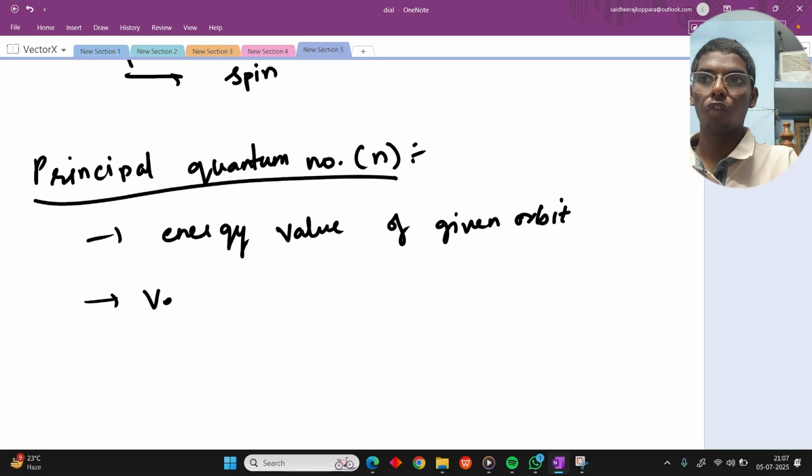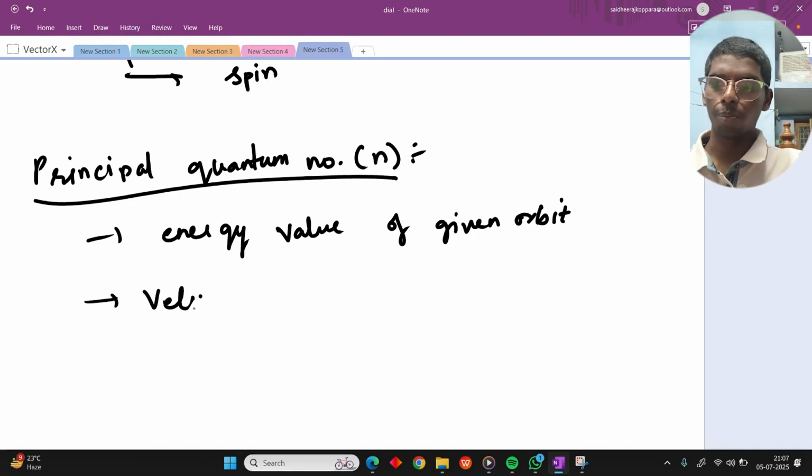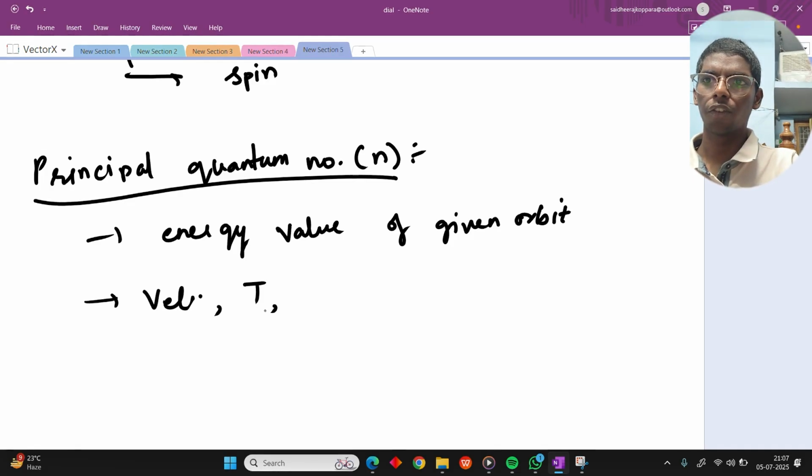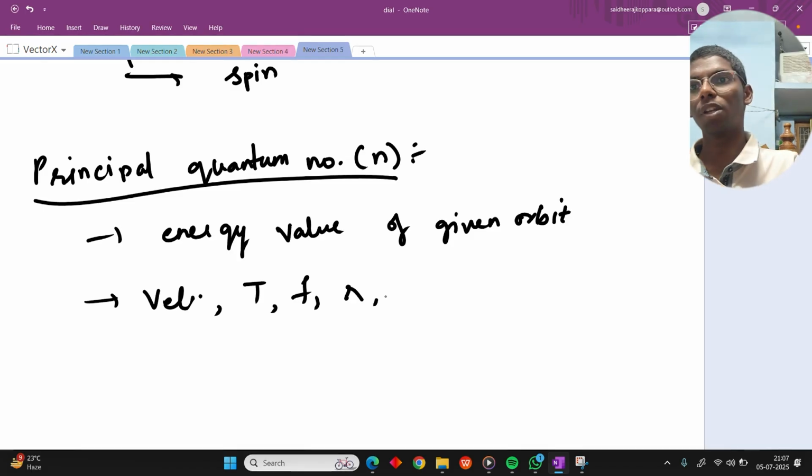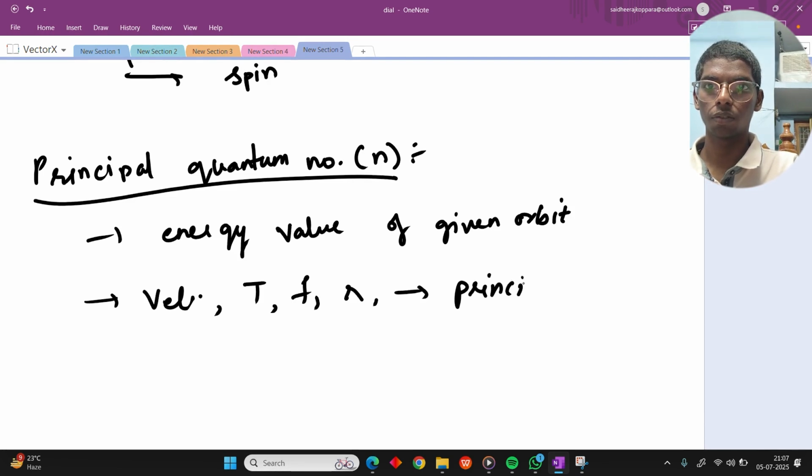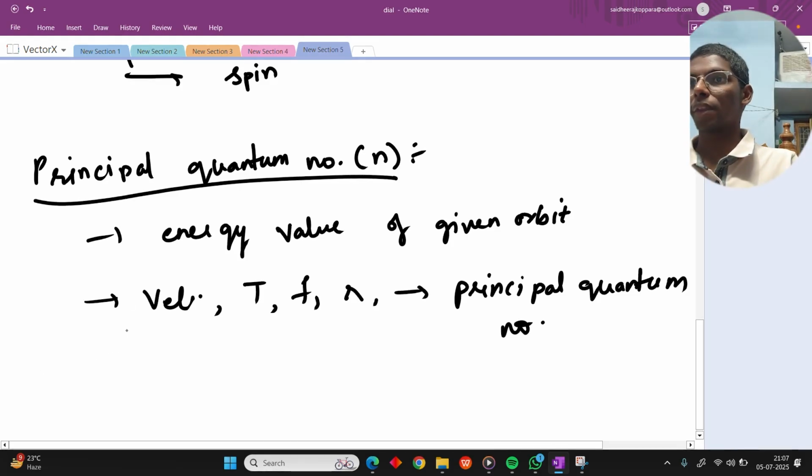The velocity of the electron, time period, frequency, radius, all such factors depend on this principal quantum number. This is all about the principal quantum number.